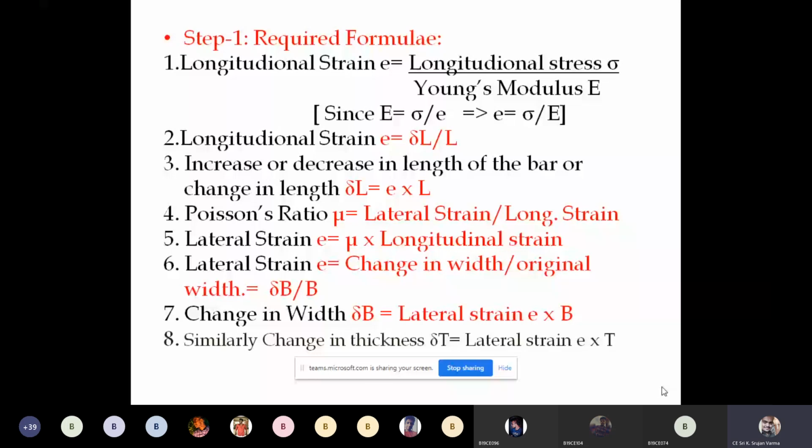In the bracket, you can see capital E, that is Young's modulus of the metal, which is equal to sigma, that is stress, divided by small e. Which stress it is? Any type of stress: tensile stress, longitudinal stress, compressive stress, except shear stress, divided by e. e is the corresponding strain. Suppose I am taking tensile stress, then e should be tensile strain.